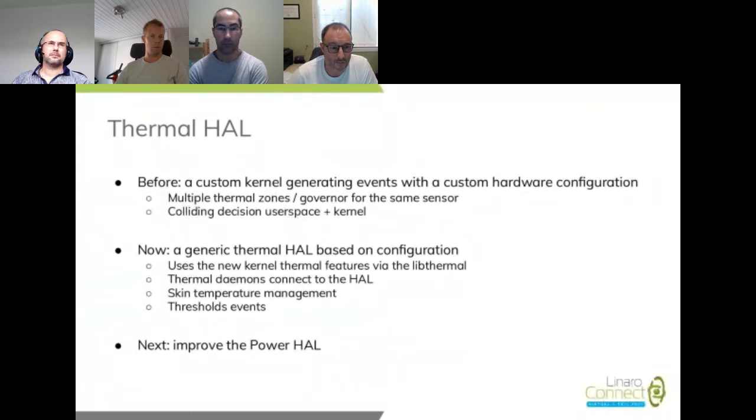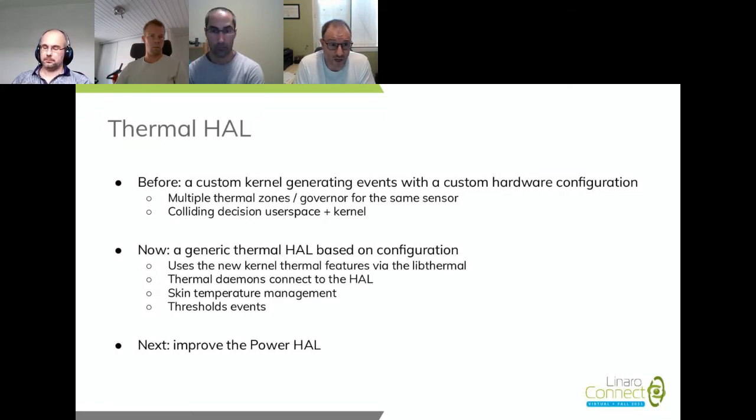So there is a relationship between the thermal zone, the sensor, and the governor, one-to-one. That means when we have a sensor, we put one thermal zone and we have one governor. And for this design, because the user space needs some events from the kernel, it needs to use the user space governor. And if it uses the user space governor, there is no mitigation done from kernel space.